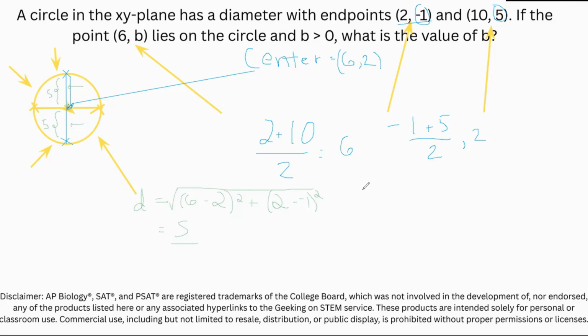So essentially, we have (x minus 6), because that is my center, squared, plus (y minus, what's my y point?